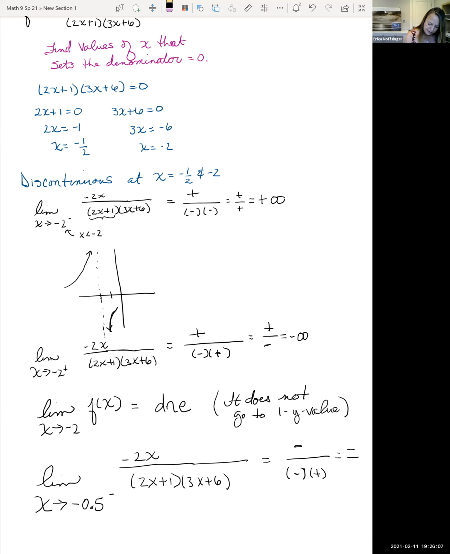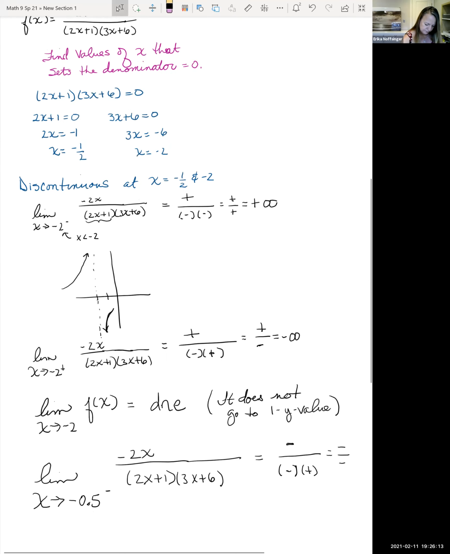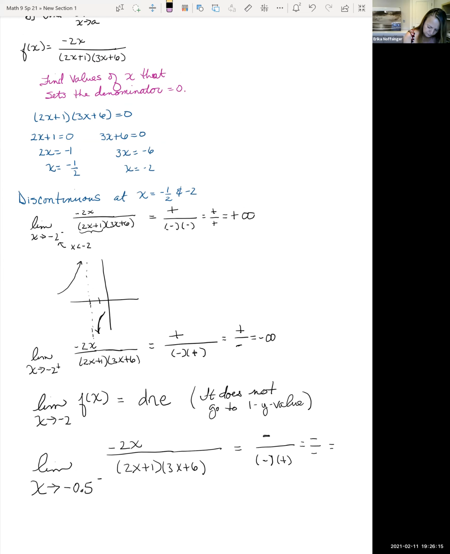So we get negative over negative, which is positive. So as we're getting closer and closer to negative 1/2, it's shooting upwards. Just so we kind of blow it up a little bit, this is negative 2. Let's say that this was negative 1/2 here. And on the left, we said it was going to positive infinity.